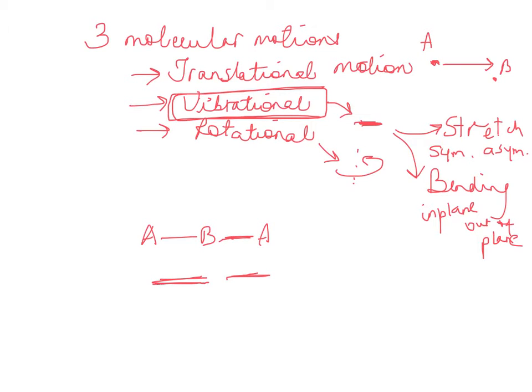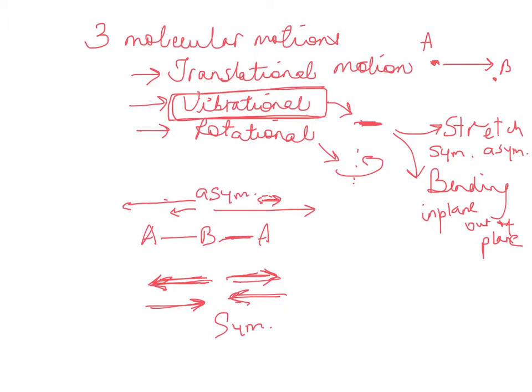Both of them go out and in, out and in at the same time, by the same extent. You would use the word symmetric stretch. Let's say one of them moves a little, the other extends longer, and then this one comes back and this one extends. This is not symmetric at all, so we would use the word asymmetric to signify such a movement.